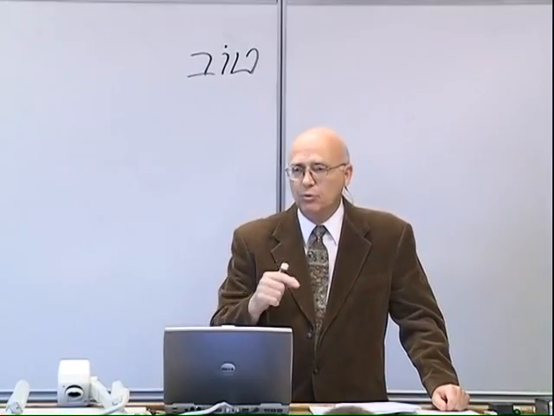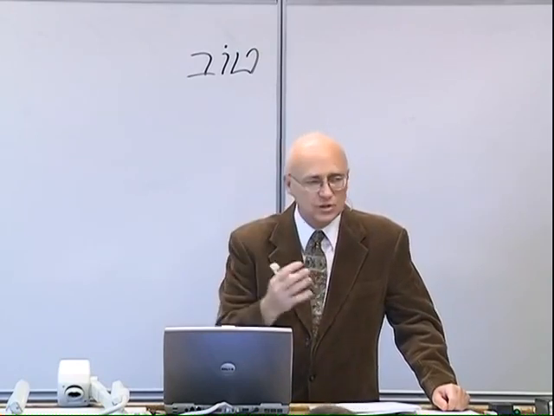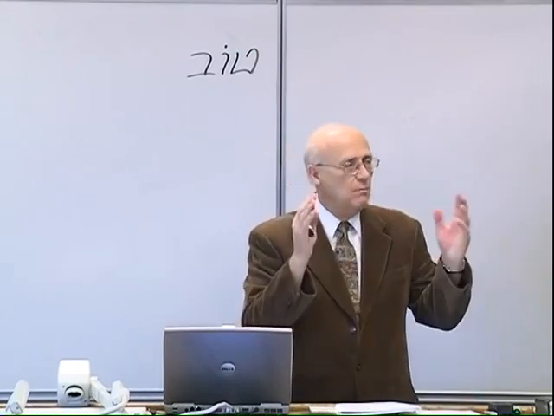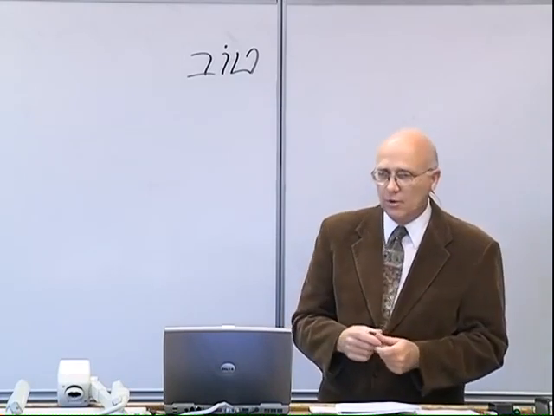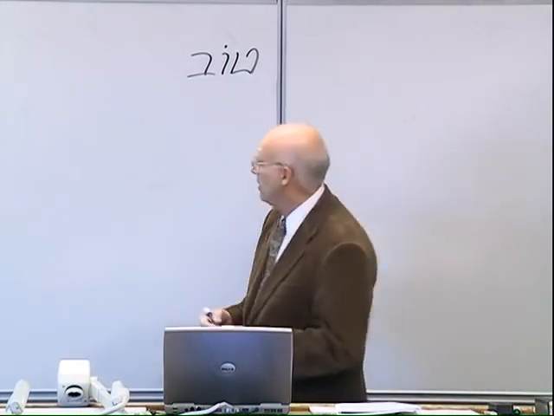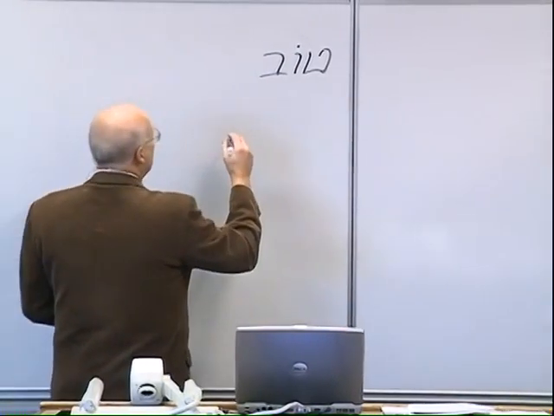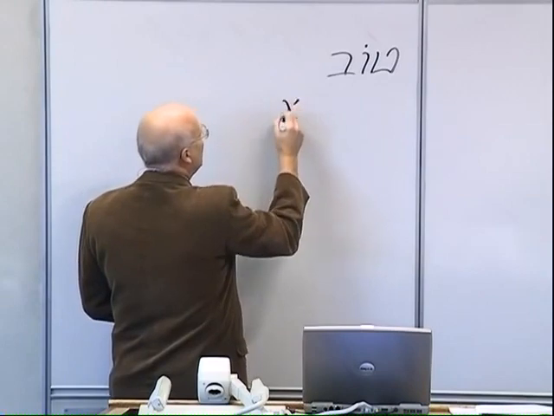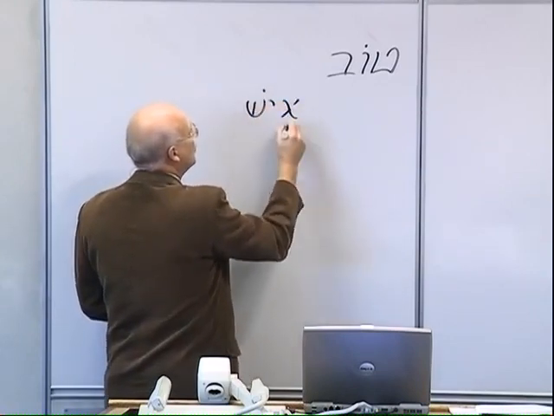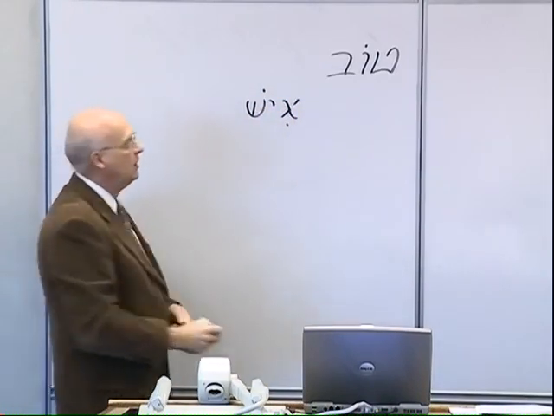But now we have to put who is good. So who is it that's good? The man. Okay, now you have two choices of words you've learned in vocabulary to use for man, right? Ish and Adam. So let's try it with both of them. What's the article on Ish?